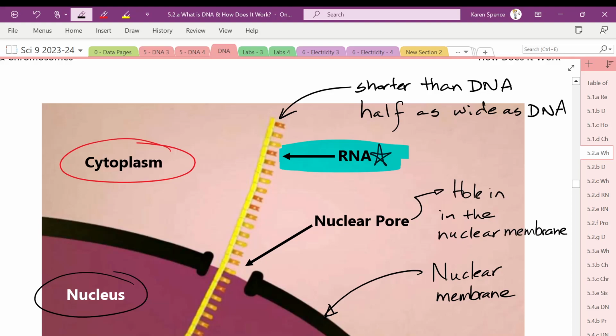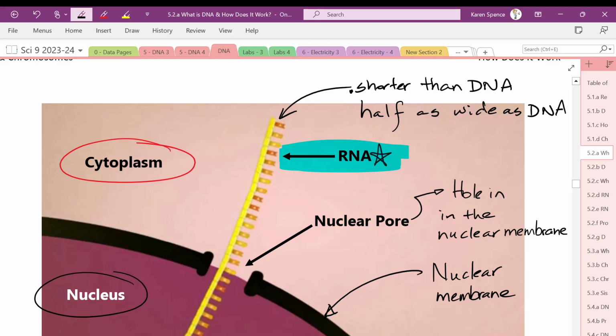It's just a hole in the nuclear membrane. So you know like how your skin has pores and those are just little holes in your skin? The nuclear membrane has pores and those are nuclear pores. And because the RNA is short and skinny, it can fit through the nuclear pores.